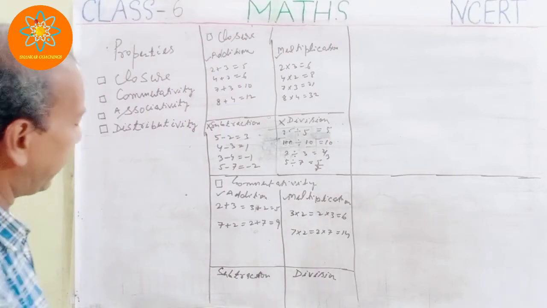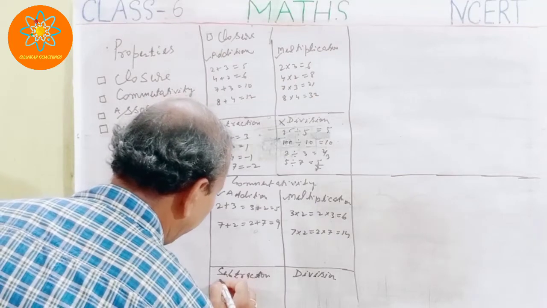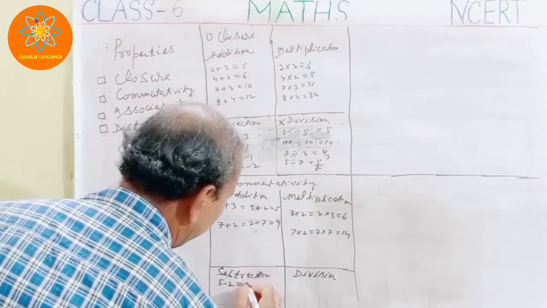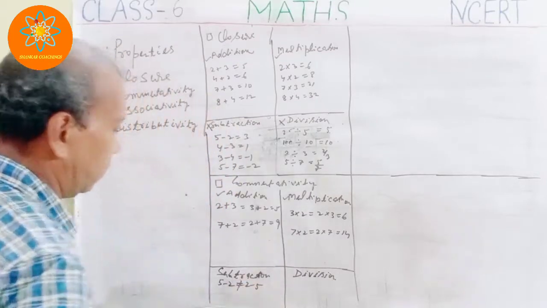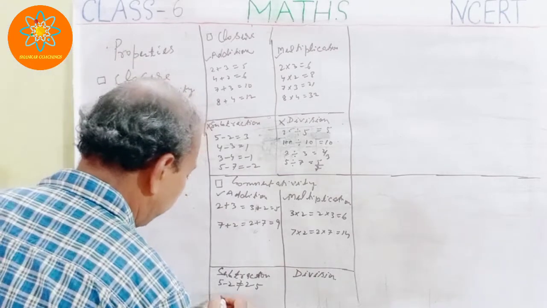Now come to the subtraction. Let's suppose I am taking 5 minus 2 and then I am taking 2 minus 5. So this is not equal. 5 minus 2 is equal to 3, while 2 minus 5 is equal to minus 3. Then I am taking one more example.